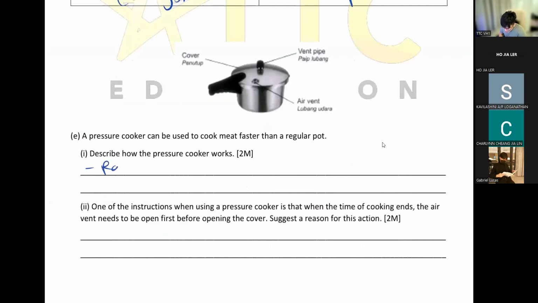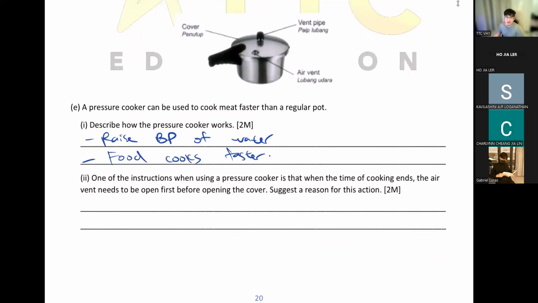Guys, do let me know if you need BM, I'm just lazy to write BM. They raise the boiling point of water so food cooks faster. There you go. Like I said, they will very seldom ask about pressure because it's not really your thing. Remember this chapter was from chemistry. I said this before.